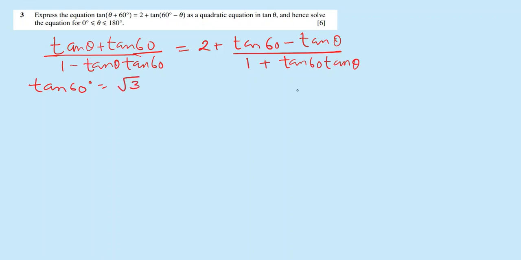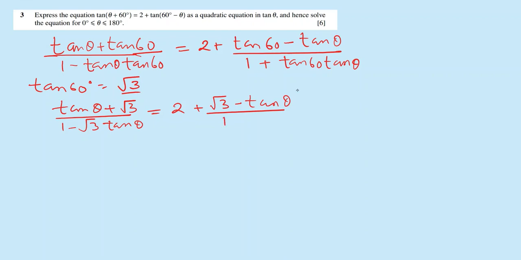So let's plug in this value. Let's see what happens. So tan theta plus square root 3 over 1 minus square root 3 tan theta, equal to 2 plus square root 3 minus tan theta over 1 plus square root 3 tan theta.